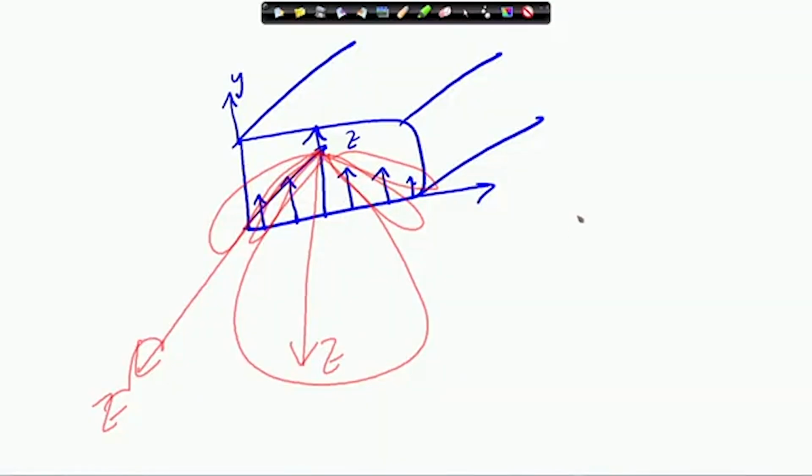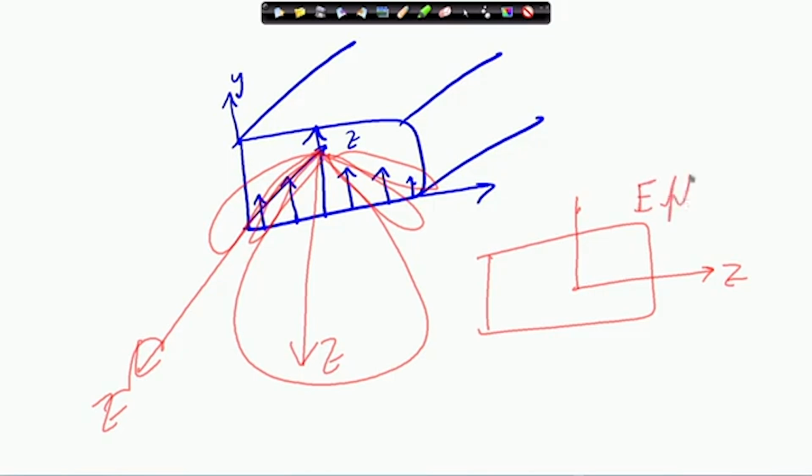So, the y z plane is where I will have to plot the radiation pattern; this will be the E plane. And the magnetic field is in the x direction, so the x z plane will be the H plane.